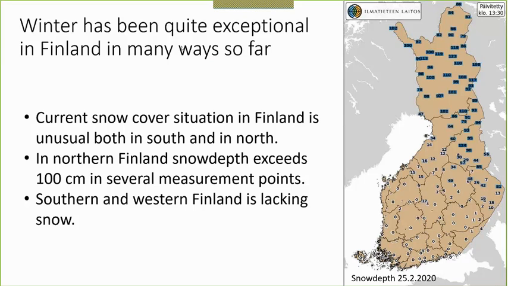So first I have here the current snow cover situation, and as you can see, in northern parts of Finland the snow depth exceeds 100 centimeters in several measurement points, but in southern and western parts especially, we are lacking snow, and it's really exceptional because usually the snow depth is at least a couple of centimeters to 20 centimeters all around here in southern parts of the country.